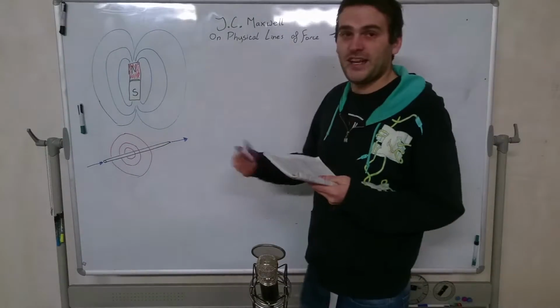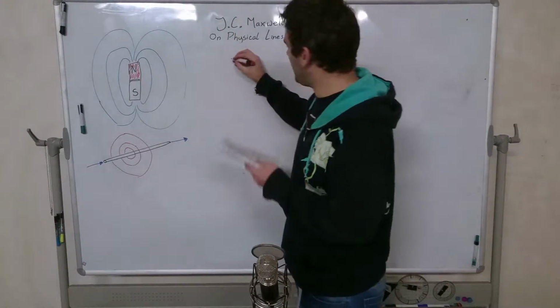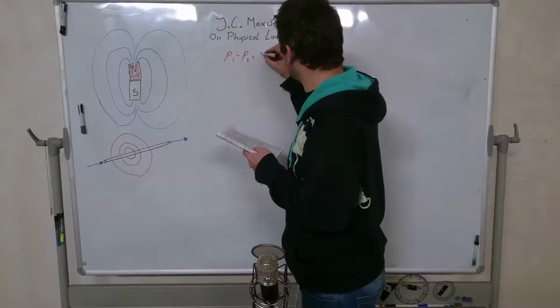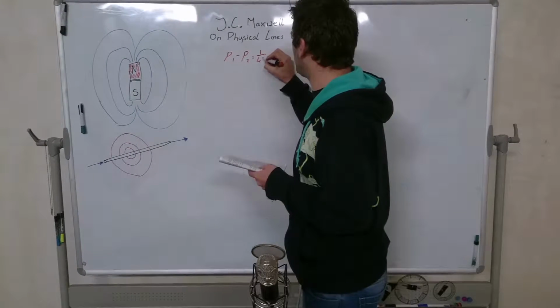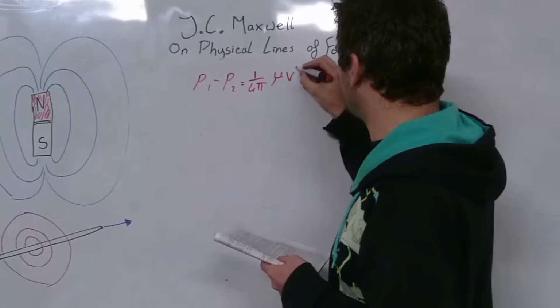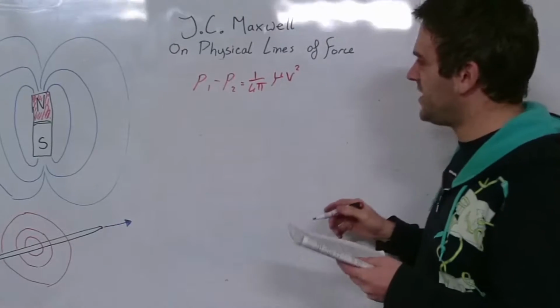Last video we ended up with the formula P1 minus P2 is equal to 1 divided by 4 pi times mu times the velocity squared.